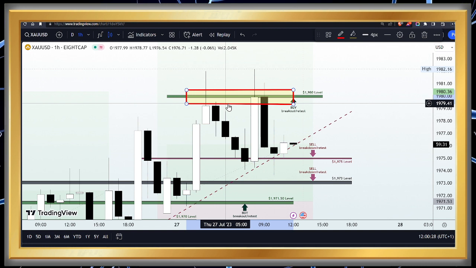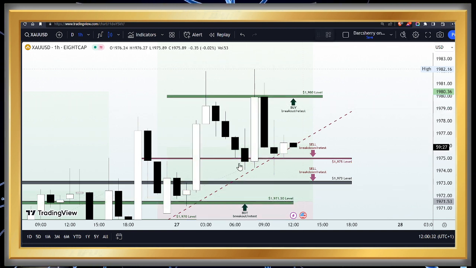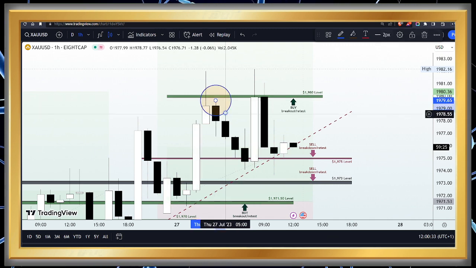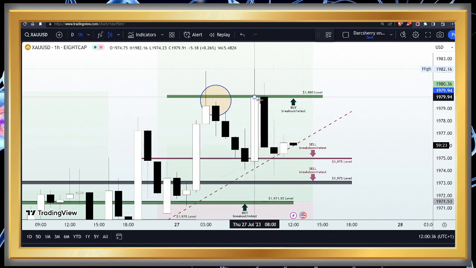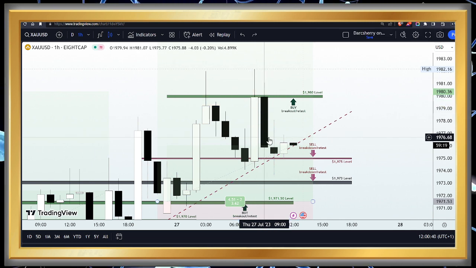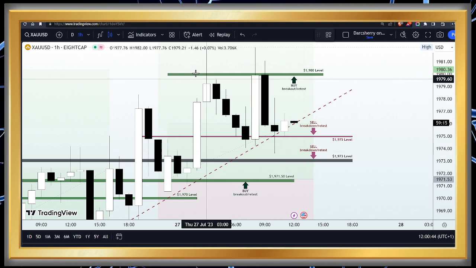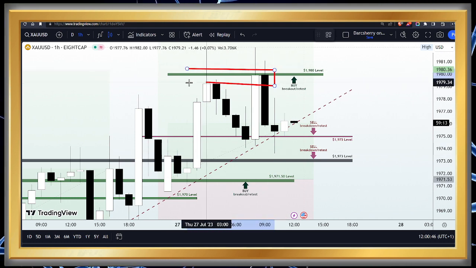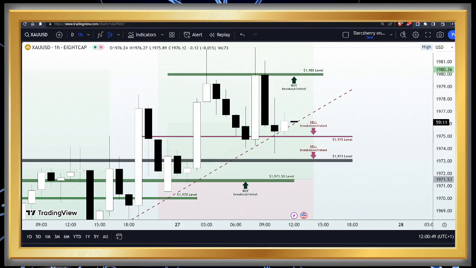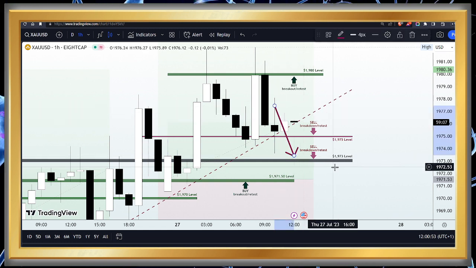We cannot ignore the potential of sellers, as the persistent selling pressure here could lead into a scenario where price will be breaking down that ascending trend line. If this whole pattern turns out to be a reversal pattern, we are likely going to see a breakdown of that ascending trend line. And if it breaks down, then at this point we want to start considering selling the XAUUSD.